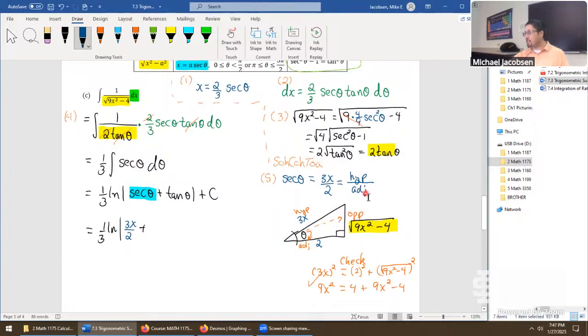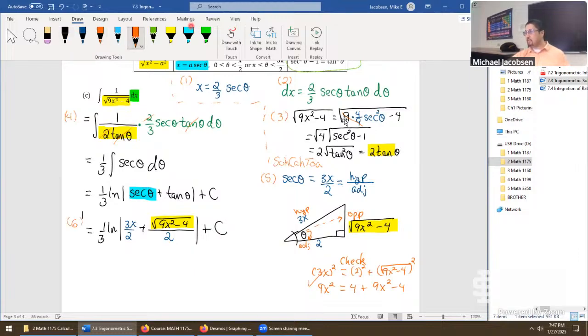Opposite side is this portion, root 9x squared minus 4, keeping them in the color coding just to show where they came from. Divide by the adjacent side to theta, that's the 2. Now we can close absolute value, add the constant, and this is the final step.